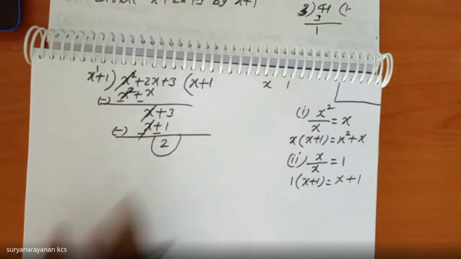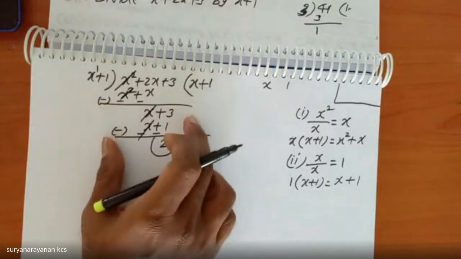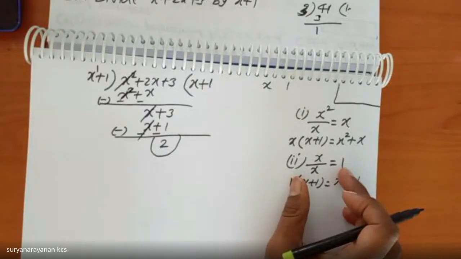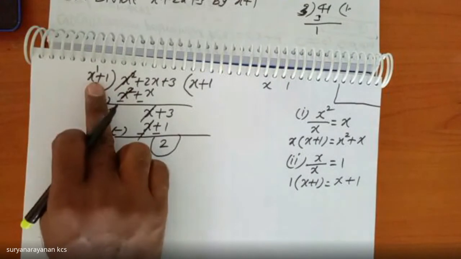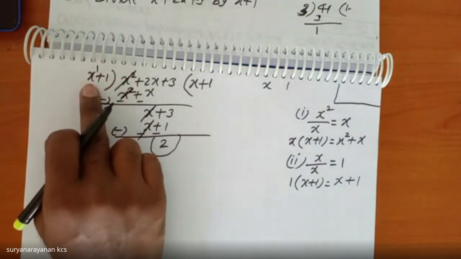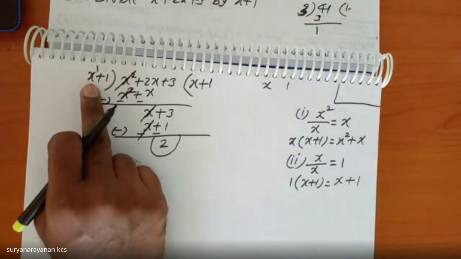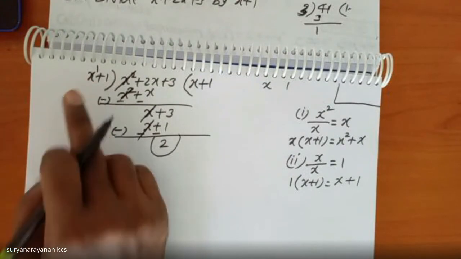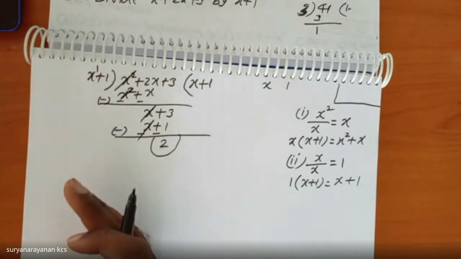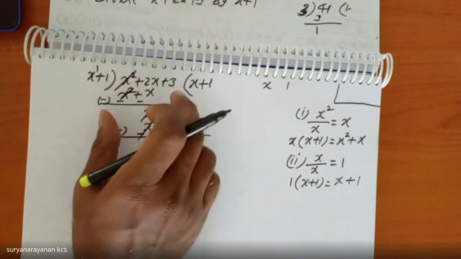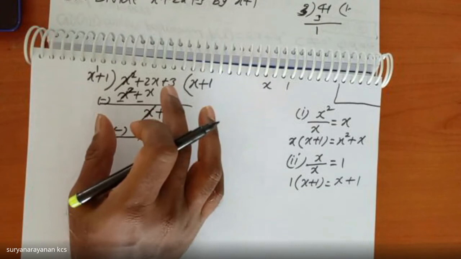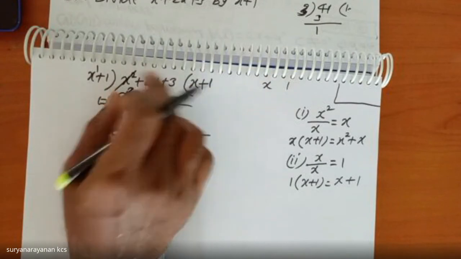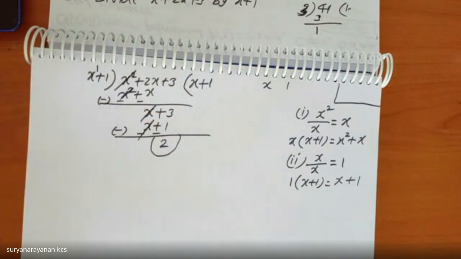Understood these steps, this long division? Understood, sir. These are the steps when you are dividing a polynomial by another polynomial, especially by a linear polynomial. We extend this concept further later, but in this class we mainly focus on dividing a polynomial by a linear polynomial.